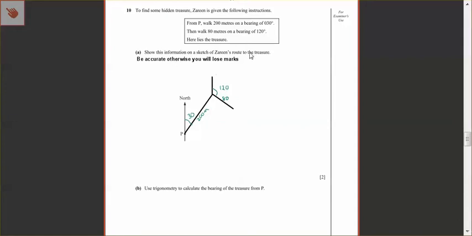There are only 2 marks. You have to get the second bearing. Why did I only get 1 right? Because of where you put the 120. Where did I put that? It's on the sheet, it should be up there. That's the bearing 120.